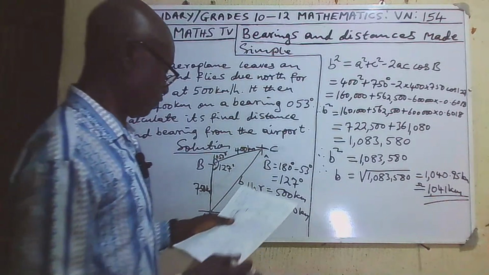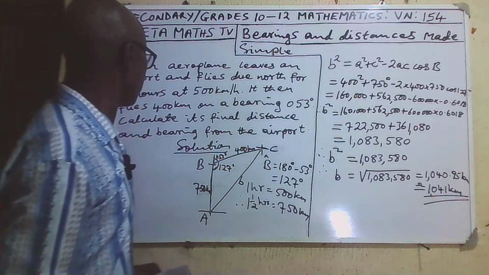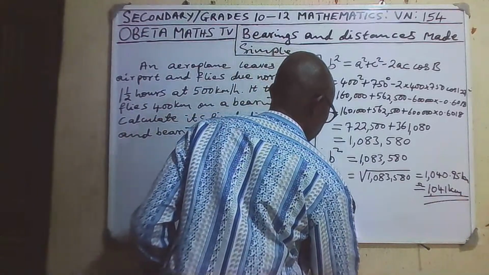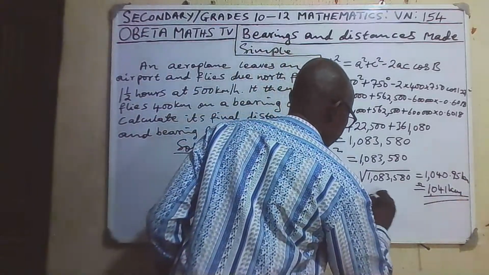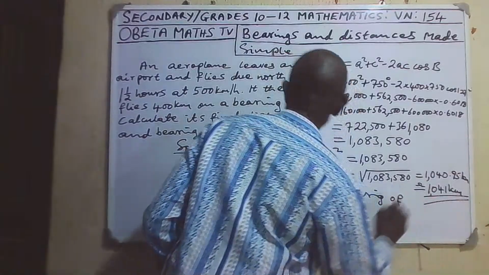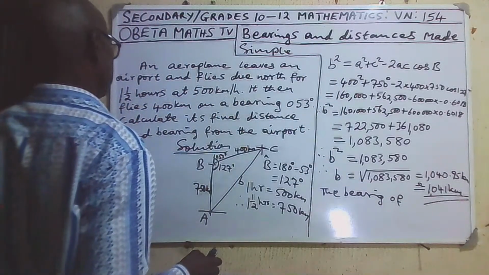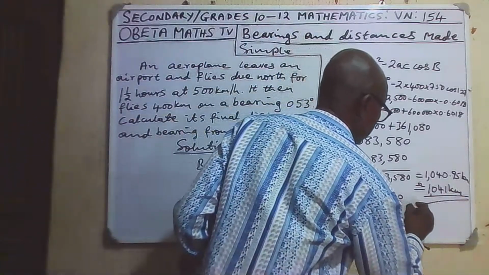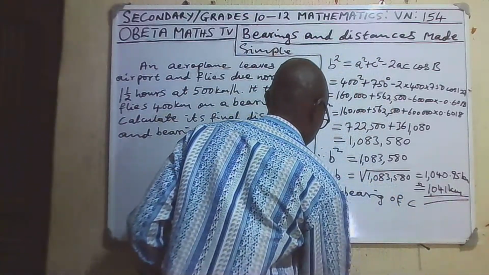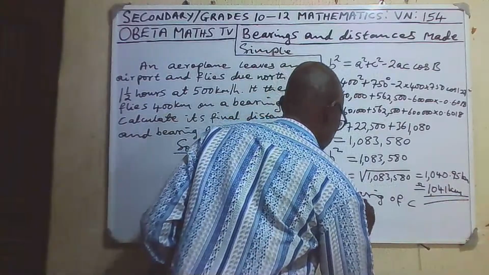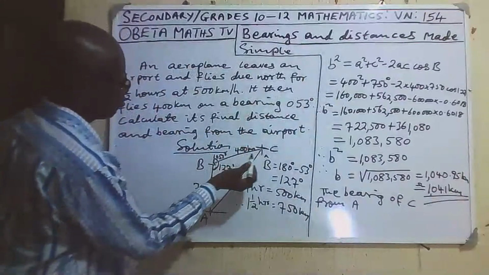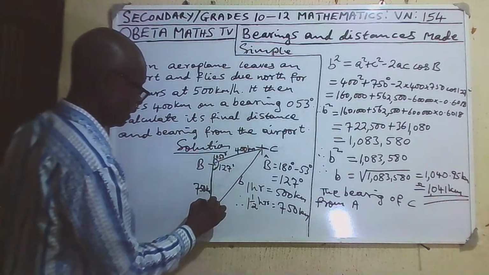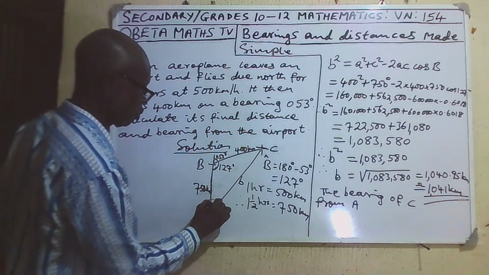So the next thing is for us to find the bearing of C from A. That is bearing of C from A. And since this is the northern part, you have to start from here clockwise.